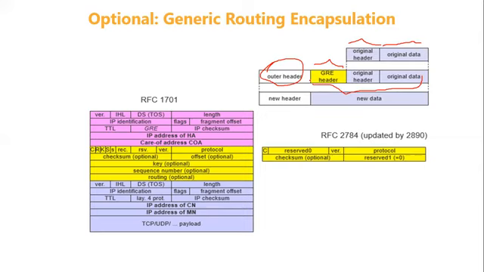The protocol type used in this outer IP header is 47, which represents GRE, generic routing encapsulation.